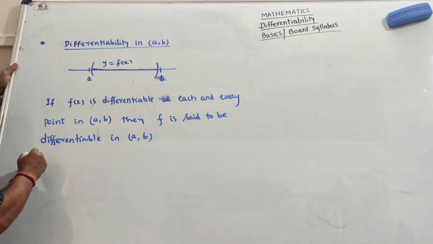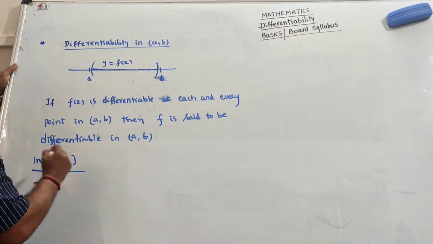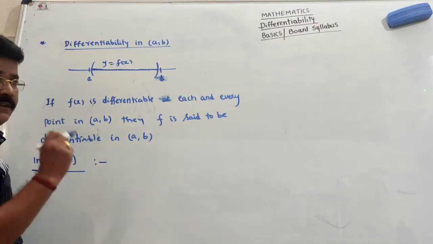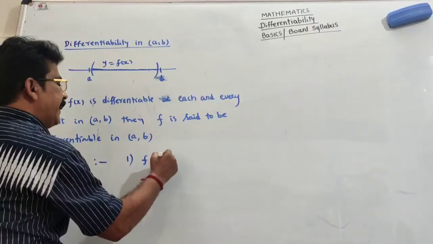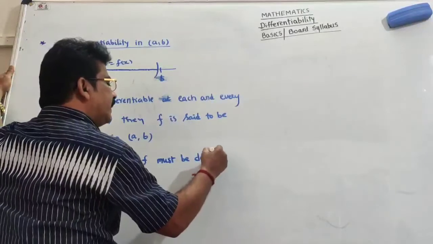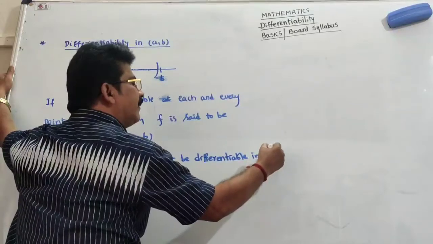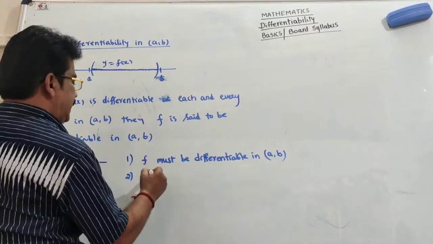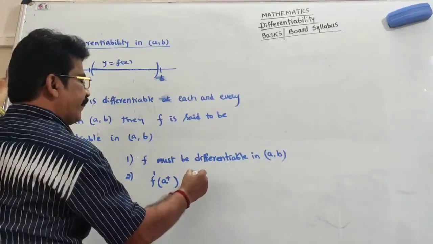Next, in closed interval of a comma b. For differentiability in closed interval of a comma b, three conditions are there. Namely, number one, f of x must be differentiable in first open interval of a comma b. Next, second point, f dash of a plus exists.